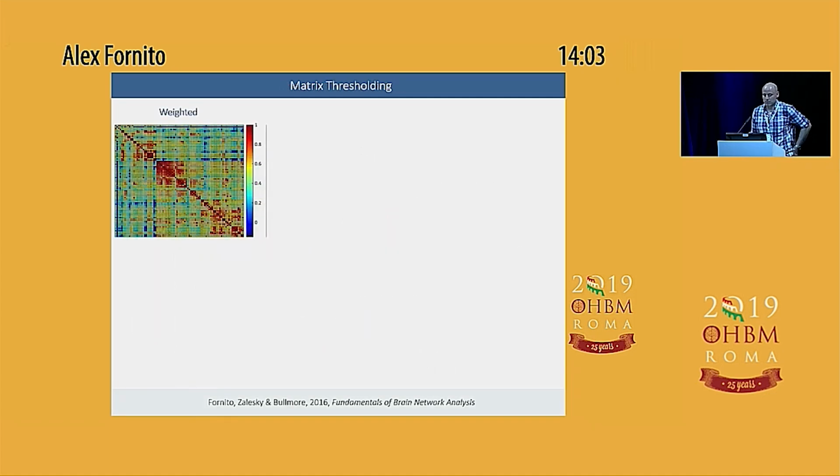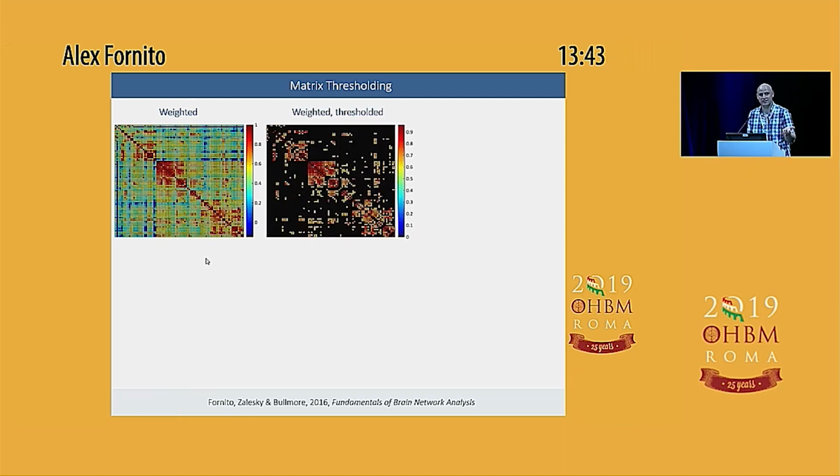Now, most of the times when we're measuring connectivity, we have some estimate of weightedness, right? We're estimating variations in connection strength, and sometimes we'll have non-zero estimates for all values. So with a correlation coefficient, you'll get some non-zero value for all elements in the matrix. And so typically it's common to apply some threshold to the data to try to reduce the noisy low value estimates and just focus on the actual edges that are likely to be real.